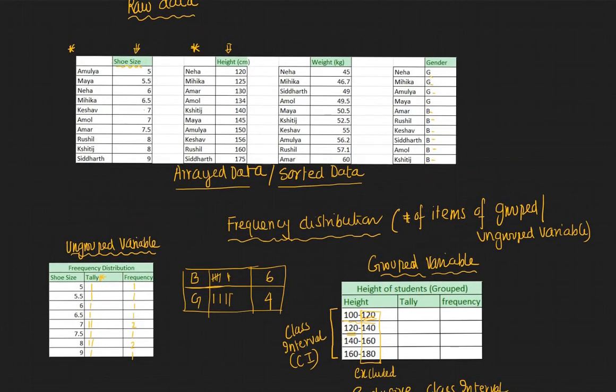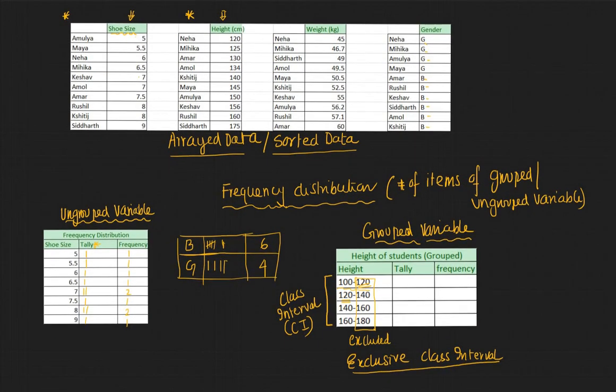And let's do the tally for these class intervals. So 120 will not go into the first one because it's excluding 120, so we go into the second one. 125, second one. 130, second class interval. 134, second class interval. 140 doesn't go into this, it goes into the next one. 145, 150, 156, 160.